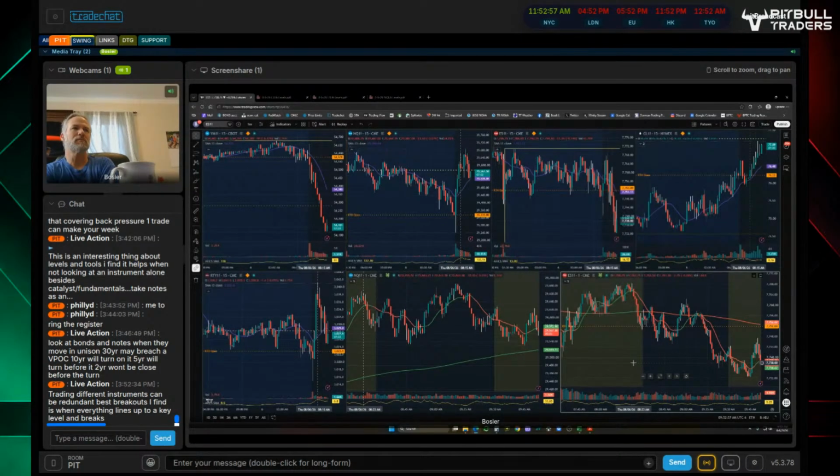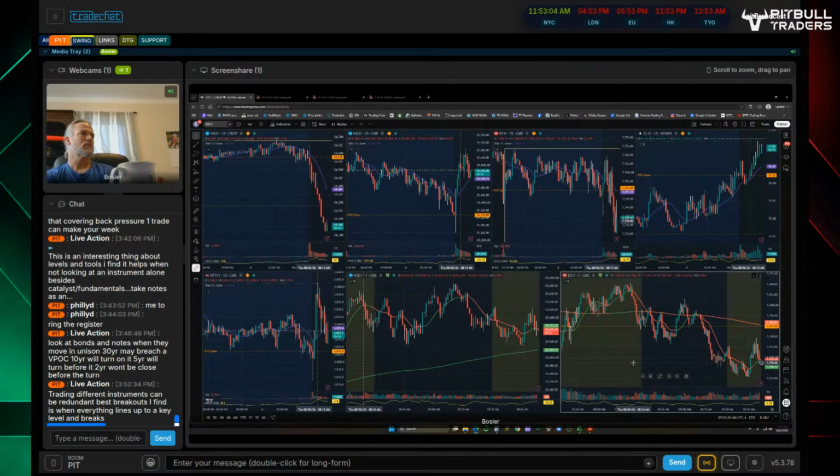Like, it could be that there's some big hedge fund out there that got massively short yesterday on the open, and maybe they've seen enough of a pullback here to start buying them again. Or vice versa.